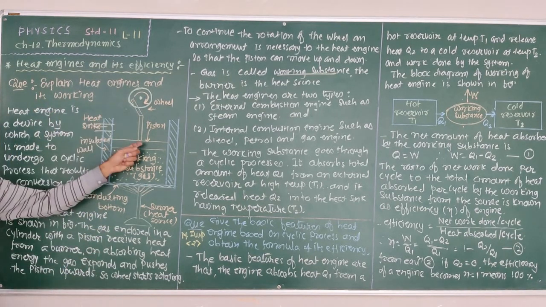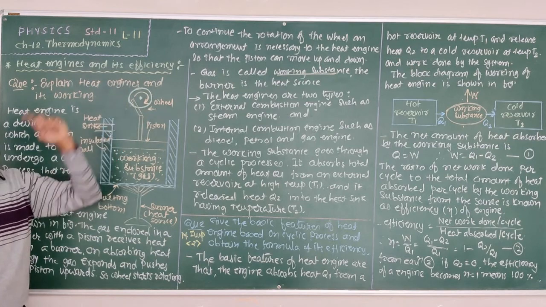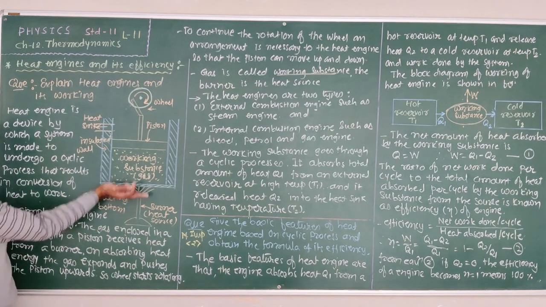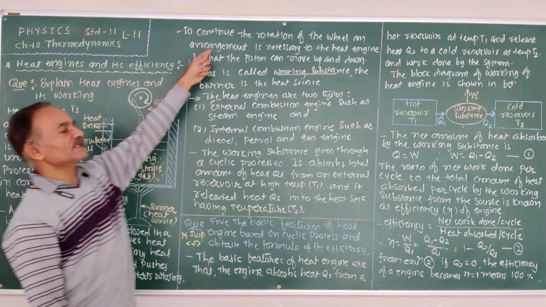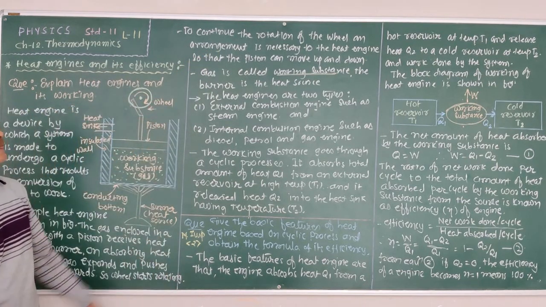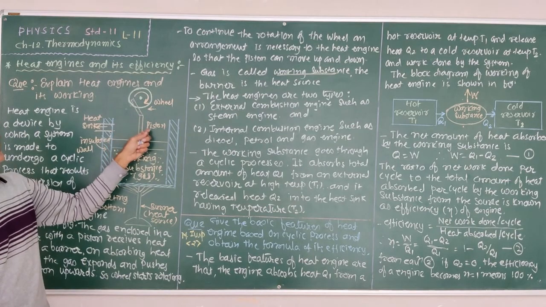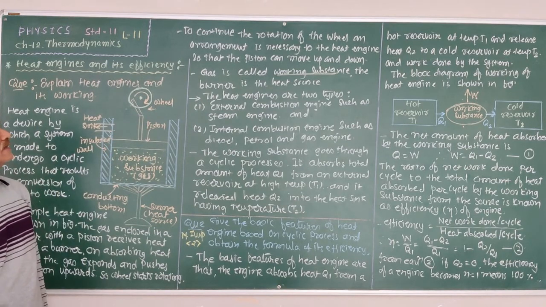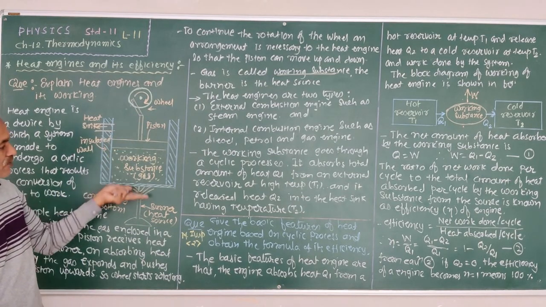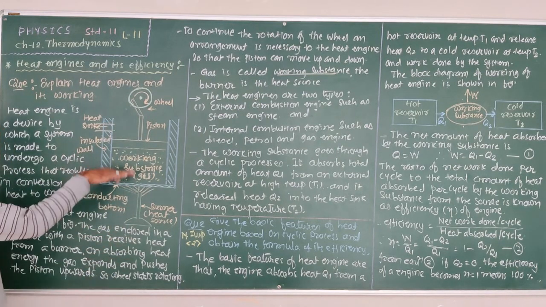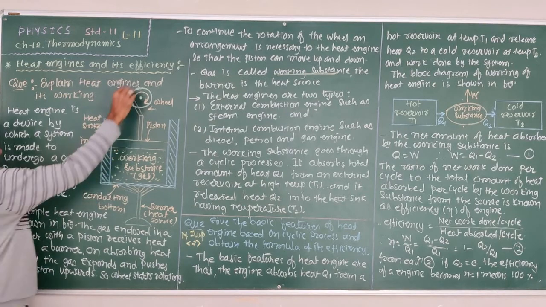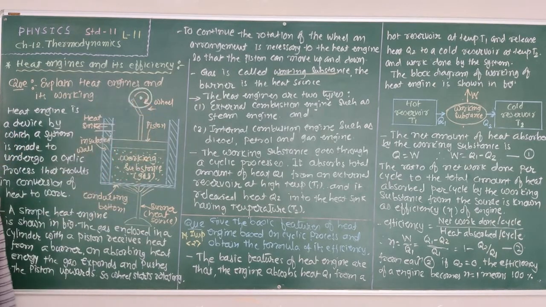The wheel connected with the piston starts rotating. To continue the rotation of the wheel, an adjustment is necessary so that the piston moves up and down periodically. So as the piston moves up and down periodically, the rotation of the wheel is continued.